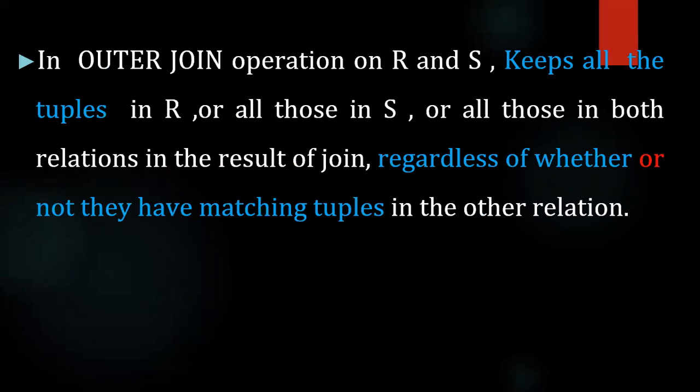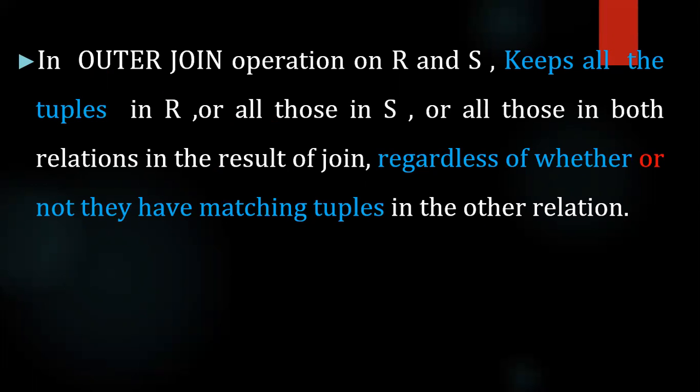The next type of join is outer join. So what is outer join? What is the difference between inner join and outer join? In an outer join operation on two relations R and S, the result keeps all the tuples in the left relation R, then all the tuples from the right relation S, and sometimes all the tuples available in both relations will be displayed in the result.